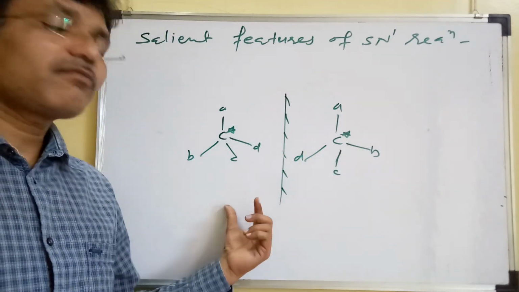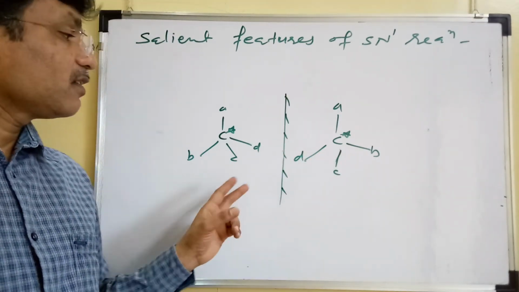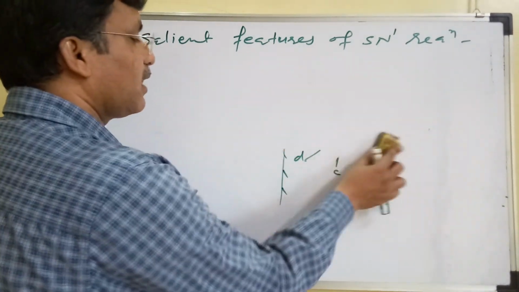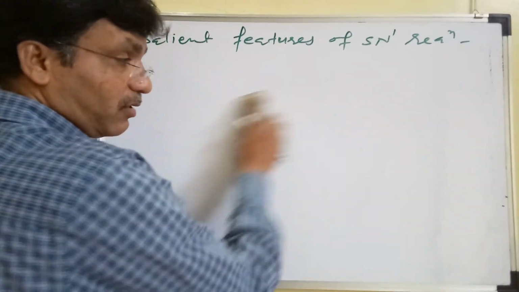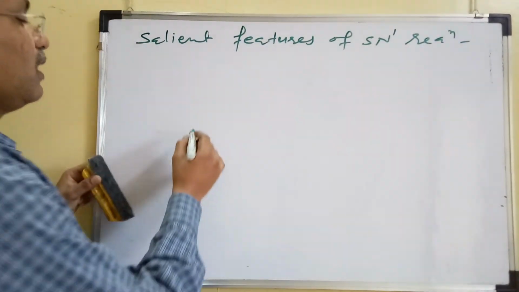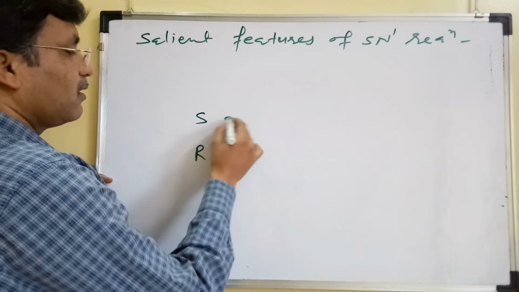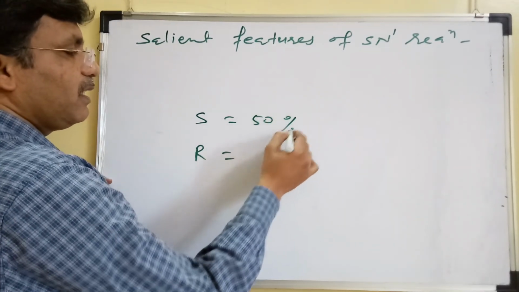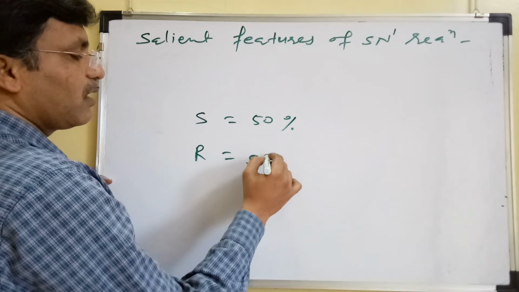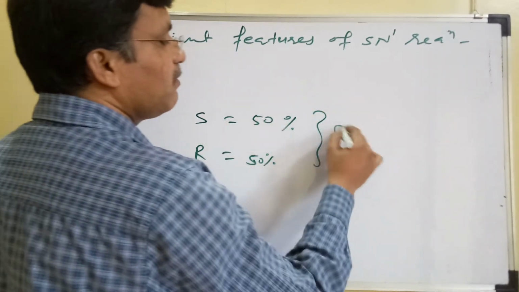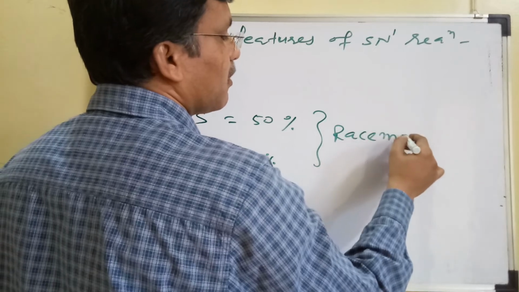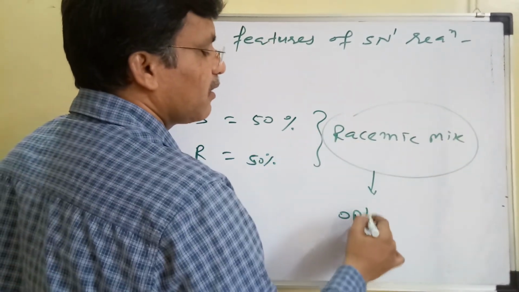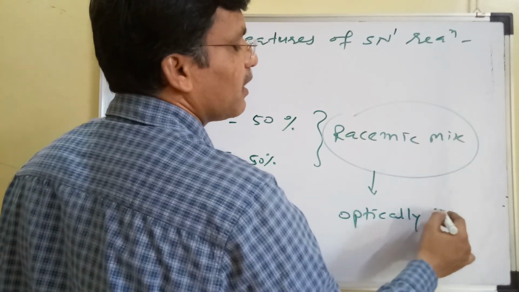So this is called enantiomers, and such two enantiomers are obtained in these reactions in equal amounts. That means the S configuration and R configuration become 50-50%. So the product formed is a racemic mixture, and this racemic mixture is optically inactive.